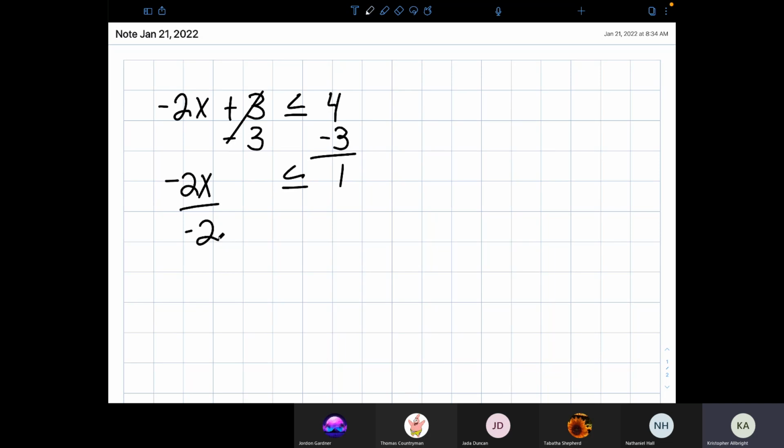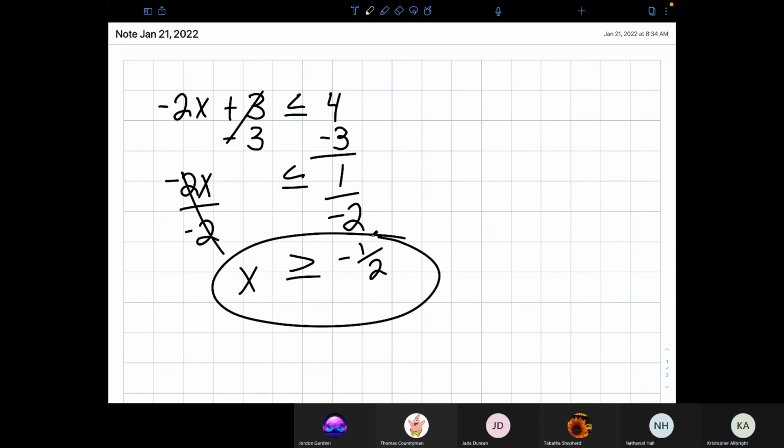So when we divide by negative 2, this is when we flip the sign, because this negative is being divided across, so it's changing sides. So now we cross this out, we flip our sign, and we end up with x over here, negative 1/2 over here. So that is when you're flipping a sign.